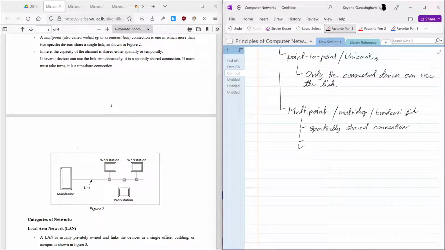And we also have time shared connections, which, obviously you can understand, is just where we're sharing the time between connections. So if we have 10 minutes of uptime, and one guy is going to transmit for 5 minutes and the other guy is going to transmit for another 5 minutes, that is time sharing.